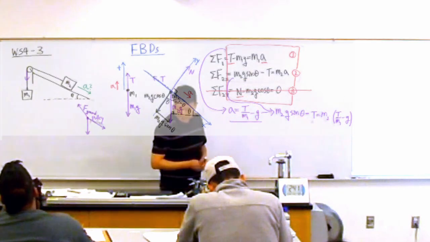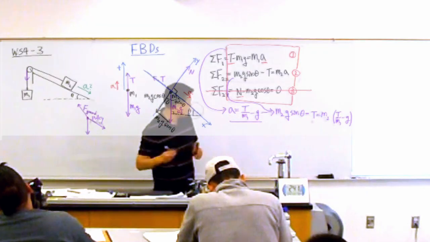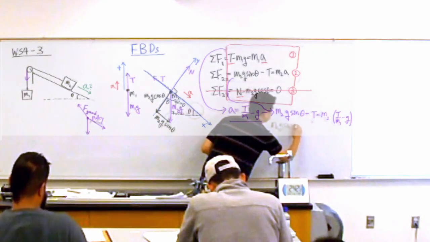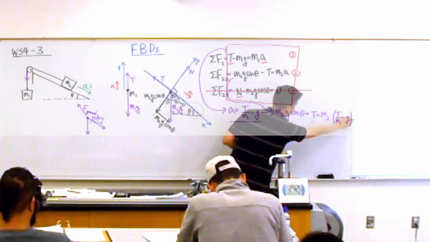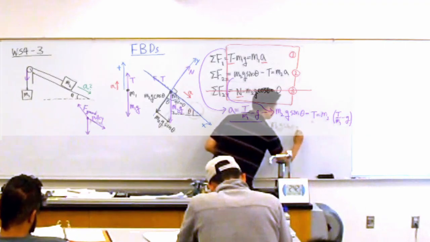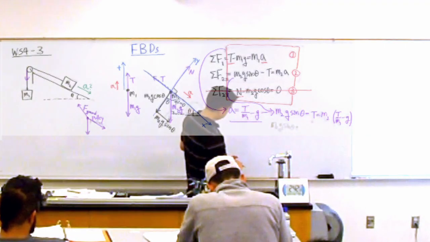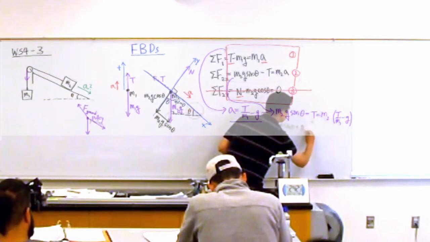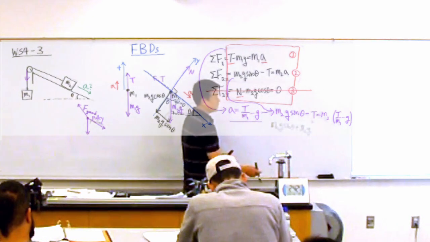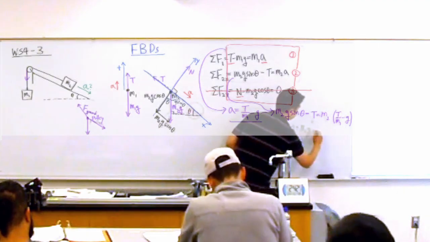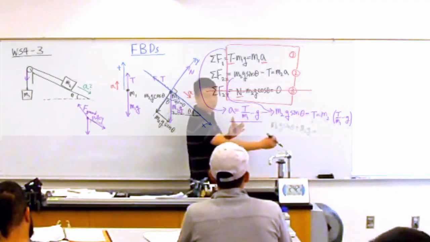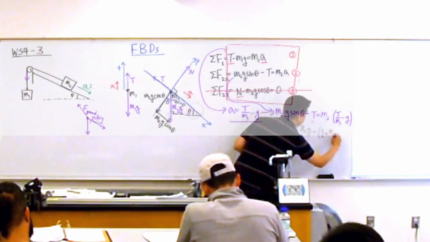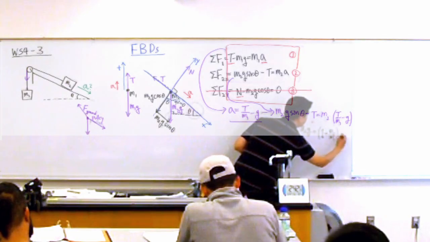On the left-hand side I end up with m2g sine theta, and then m2g moved over, so it's a plus, m2g. Then I move this over to the other side and factor out T from both of them, so it looks like 1 plus m2 over m1, times T.